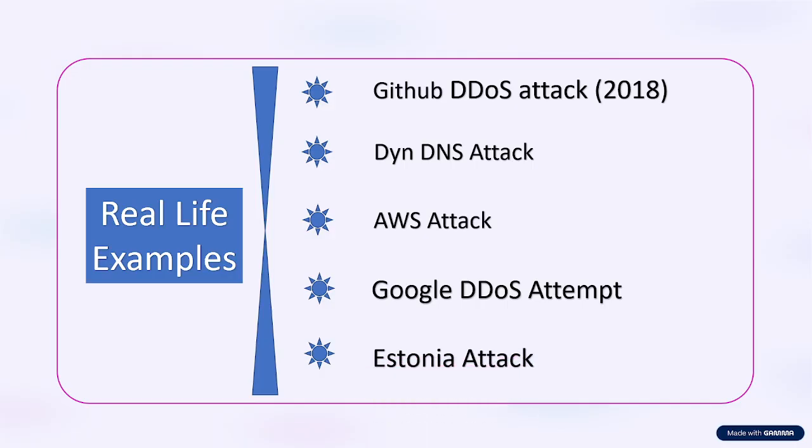Finally, the Estonia attacks in 2007 represent a landmark event, considered one of the first state-sponsored cyber attacks that crippled an entire nation's digital infrastructure. These examples underscore the diverse targets and severe impacts of DDoS attacks.